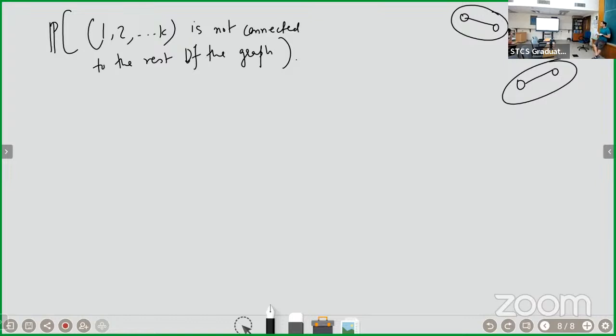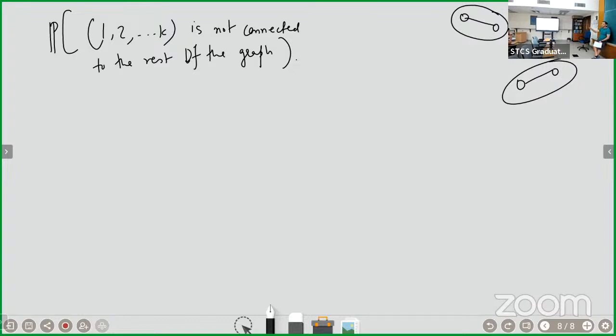So how many edges go from a bunch of k nodes to the rest of the graph? There are k nodes on one side, n minus k on the other side. So k times n minus k, and there is a p, so p to the power this many edges.